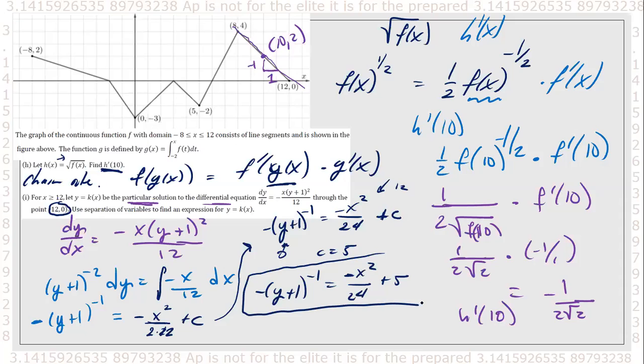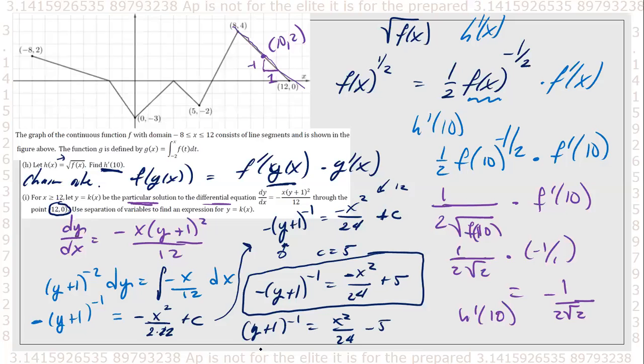A quick note is that something good to do is to actually solve for y. So let me see if I can do that. That's going to be (y plus 1) to the negative 1 equals negative x squared over 24 plus 5.